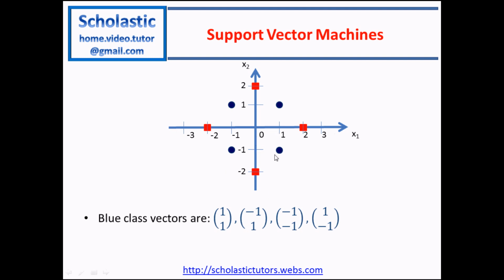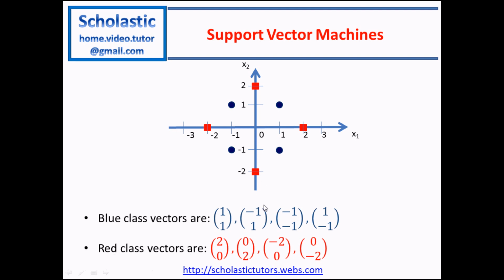Feature x1 has a value 1, and x2 has a value 1. Similarly for the red class we can get the feature vectors: feature x1 equal to 2, feature x2 equal to 0. Likewise we can get the coordinates of all 4 points in this red class.